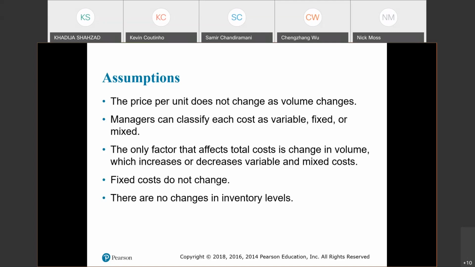Smartest Learning Company assumes the variable cost per tablet is $275. Or in other words, the variable cost per tablet does not change. Fourth, total fixed costs do not change.